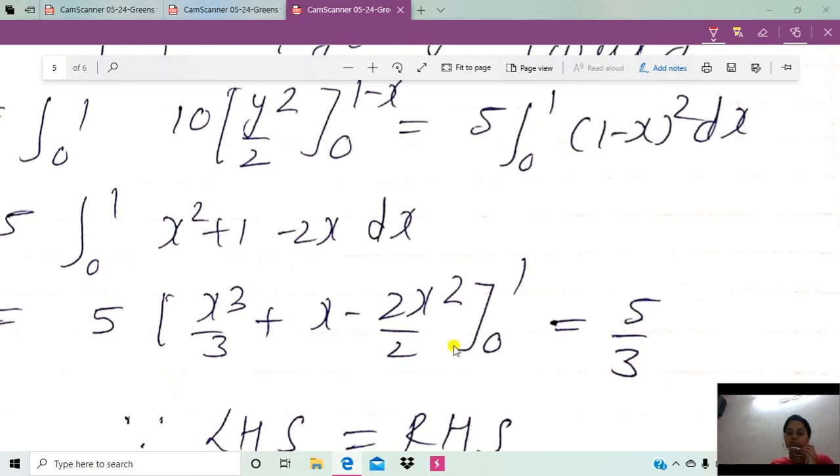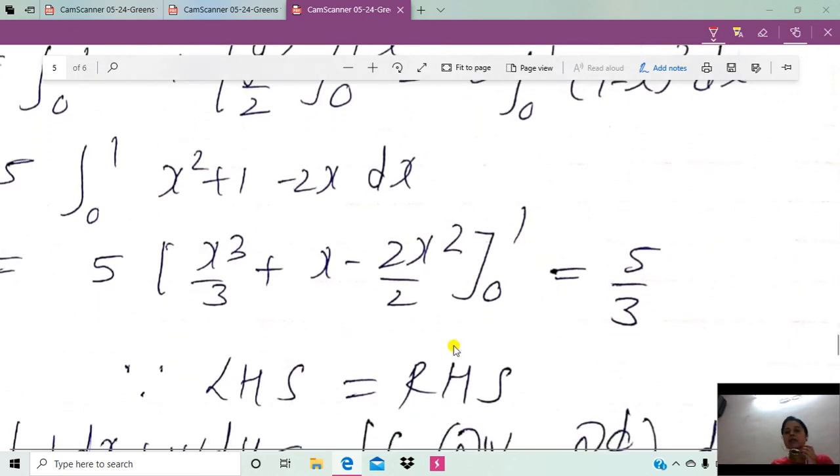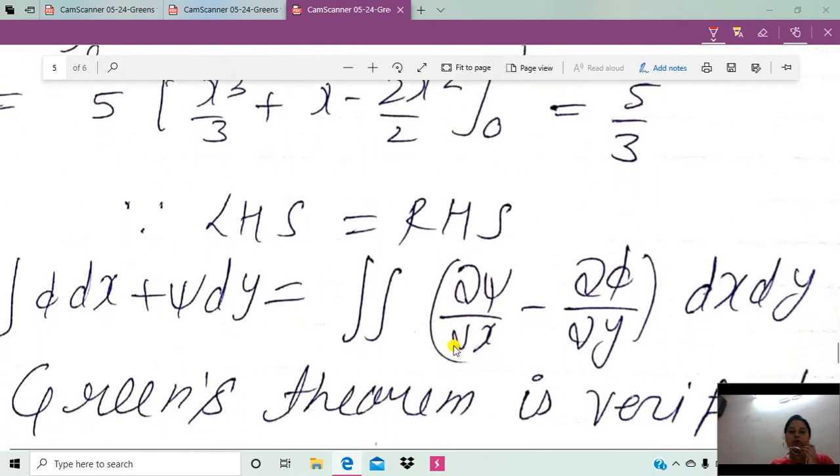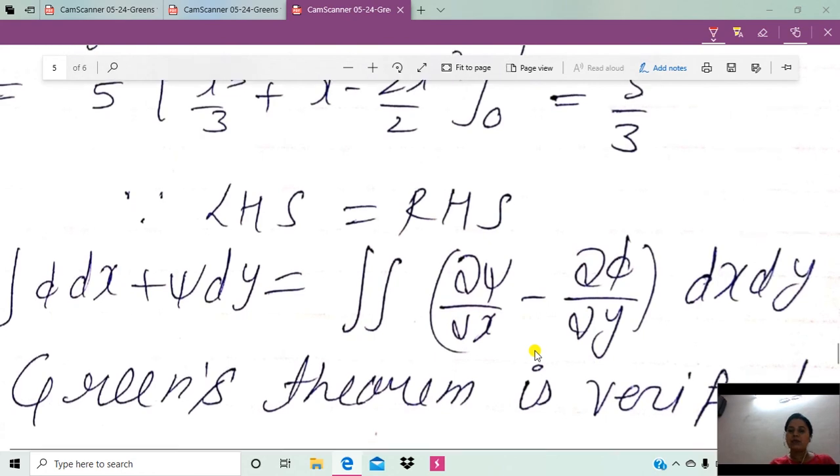And since our left hand side was also 5 by 3, therefore we have shown that the left hand side is equal to the right hand side. Therefore we have proved that single integration of phi dx plus psi dy is equal to double integration of del psi by del x minus del phi by del y dx dy. Therefore our Green's theorem has been verified.